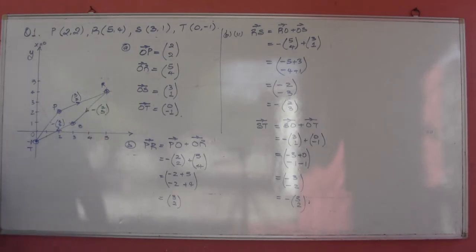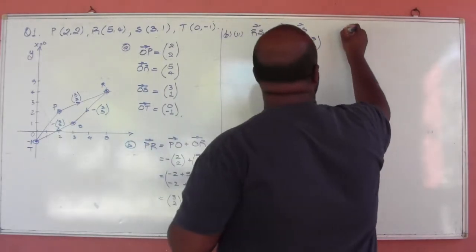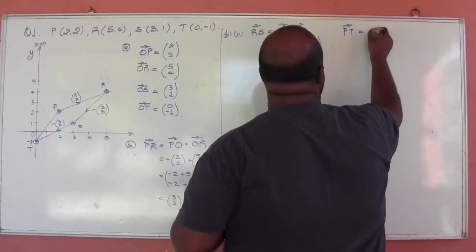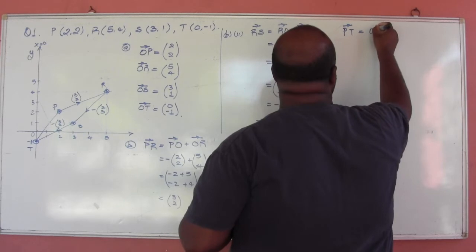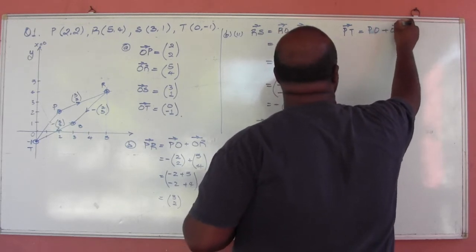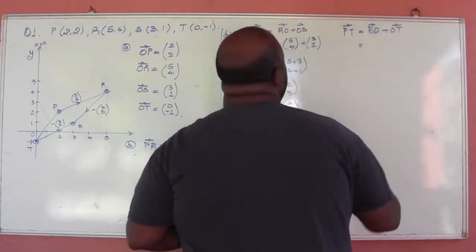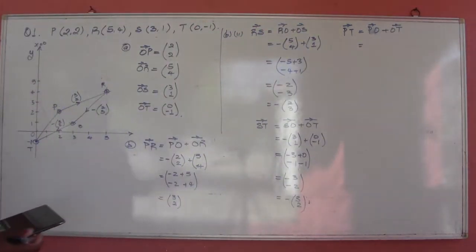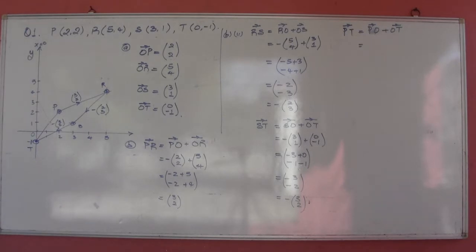The only vector we have not found is PT, or TP. Let's go for PT. PT would be the vector PO plus OT, again using the triangle law of vectors.